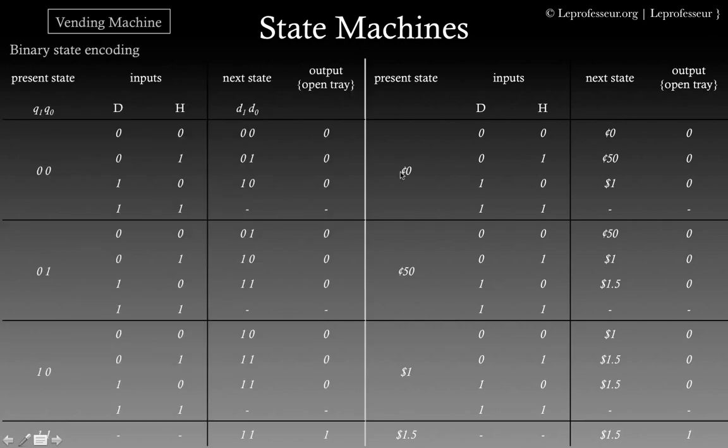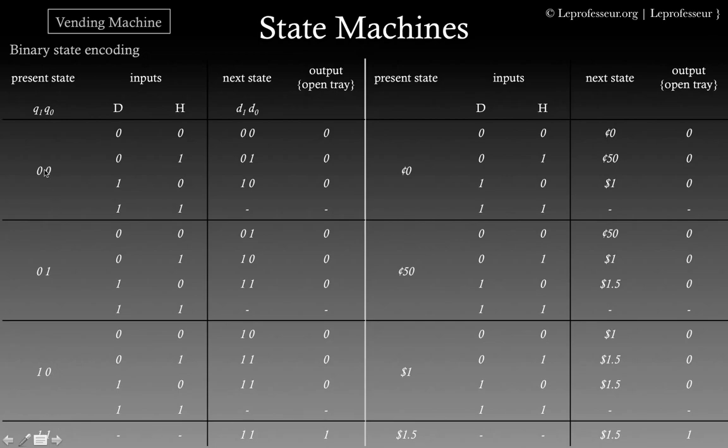What do I mean by 2 flip-flops? Say we can encode the state 0 cent as 0 0, 50 cents as 0 1, $1 as 1 0, and $1.50 as 1 1.